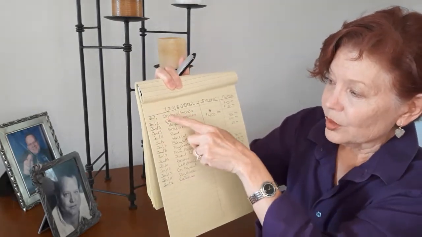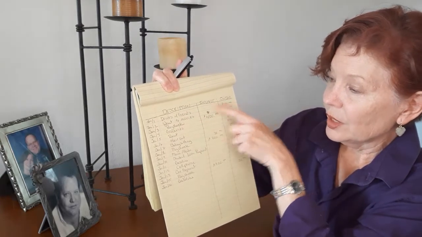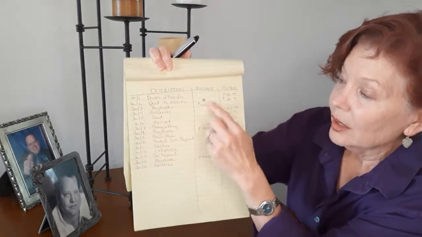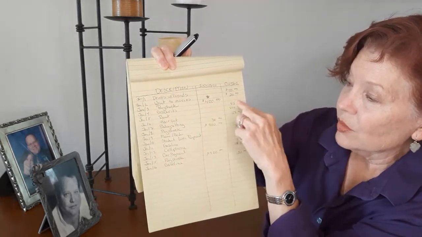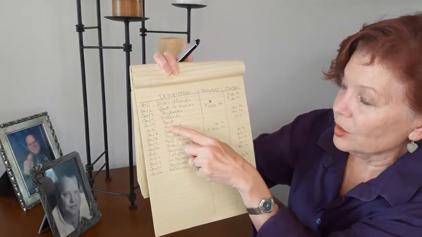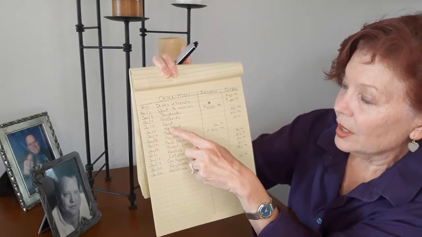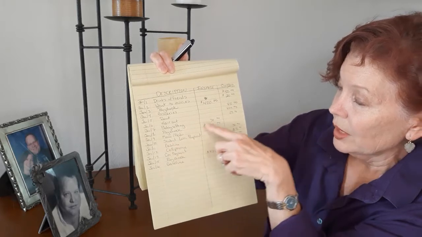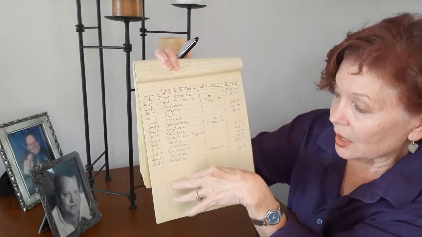So here we have drinks with friends, $50, went to movies, $20, paycheck, $400, groceries, $45, rent, $400, haircut, $25, babysitting, took in $30, got another paycheck for $400. So we have all these different expenses listed here.